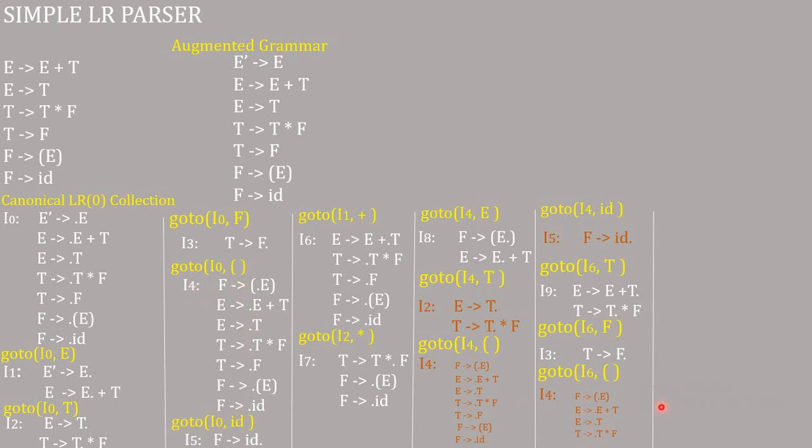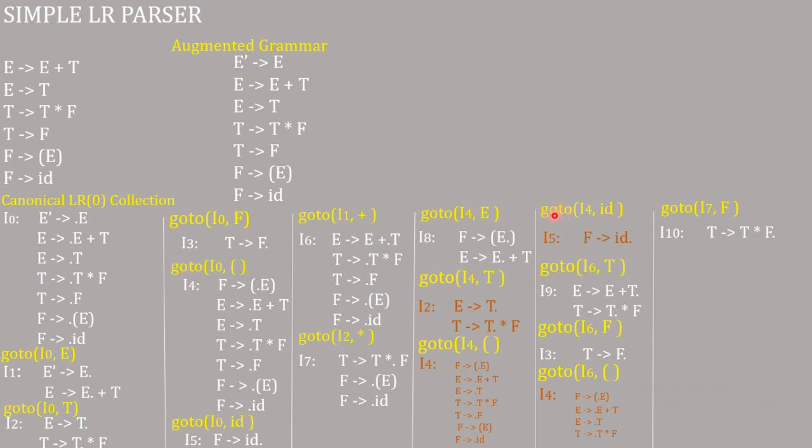Fine. So we still want to define one more, that is goto of I6 comma ID. When you define goto of I6 comma ID, you will be getting F tends to ID dot.